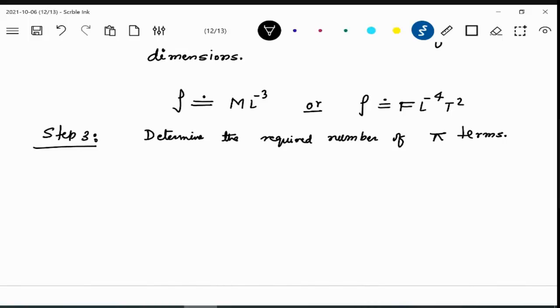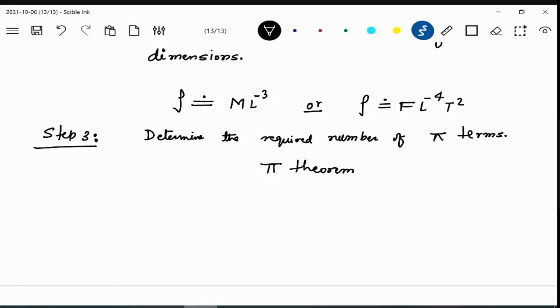How do we find it? We use the Buckingham pi theorem. The Buckingham pi theorem says the number of pi terms is equal to k minus r, where k is the number of independent variables and r is the reference dimension. So determine the required number of pi terms, and we use the pi theorem in this case.